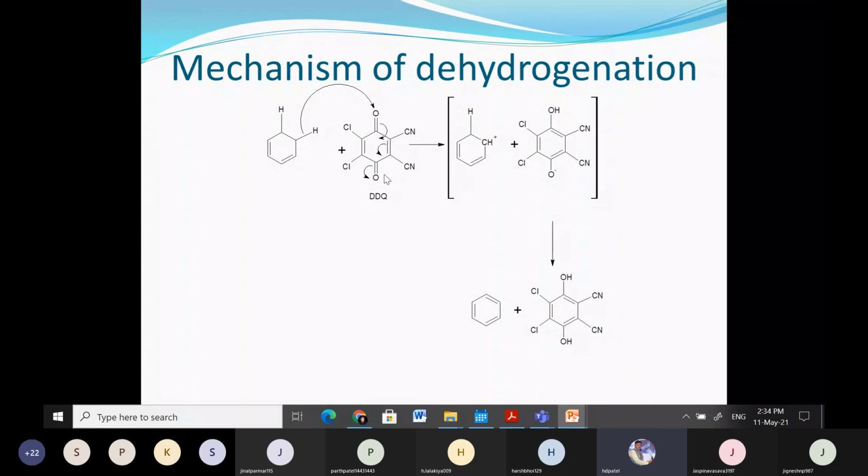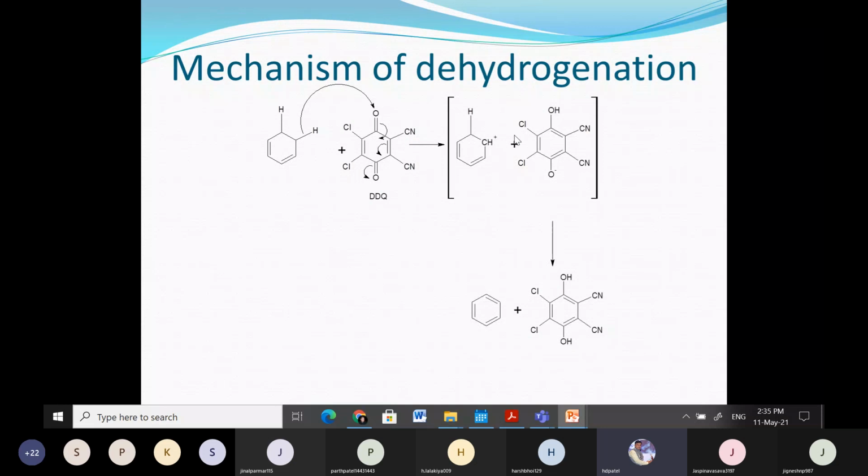Whenever conjugation of bonds is there, immediately what happens? Resonance we can observe. And due to that resonance effect, oxygen will pull electrons to another end, and at the other end oxygen becomes positive. When oxygen becomes positive, from here hydrogen will be transferred or eliminated as H minus, and as a result the carbon having positive charge, a carbocation, will form.